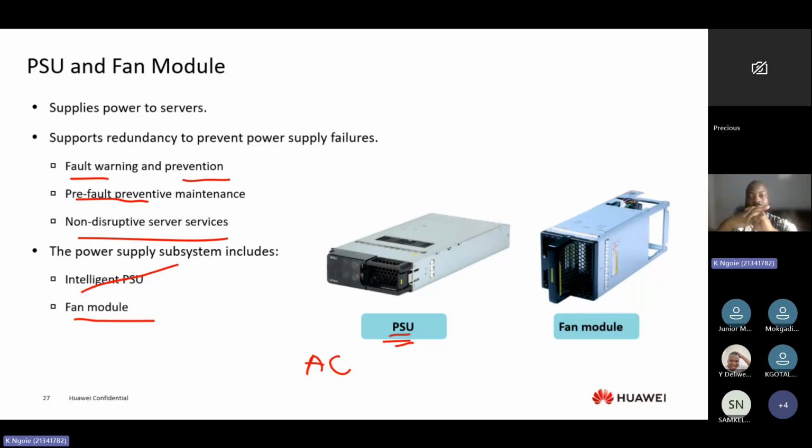Alternating current. Yes, alternating current. So you have the alternating current and the DC, which is the direct current. These are types of electrical currents.